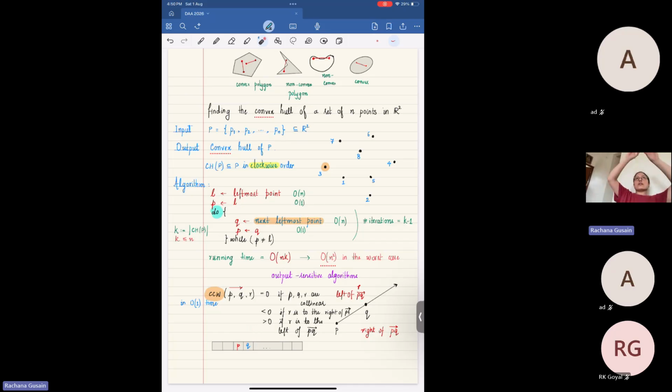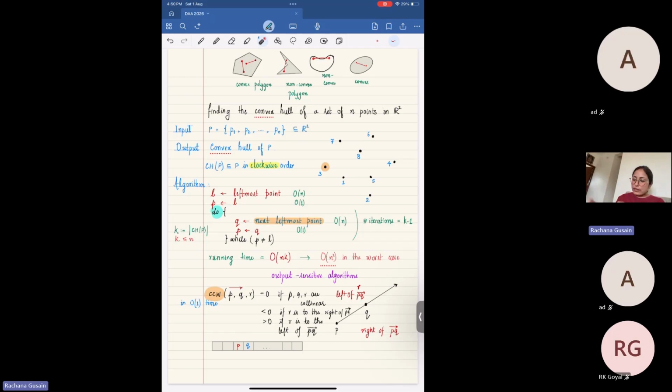The analogy is with the problem of finding the smallest element in an array. You want to store the smallest element in some variable Q. Initially you take Q to be equal to the first element of the array, and then you scan the entire array. Wherever you find an element smaller than the current Q, you update it. That is how you finally find the smallest element.